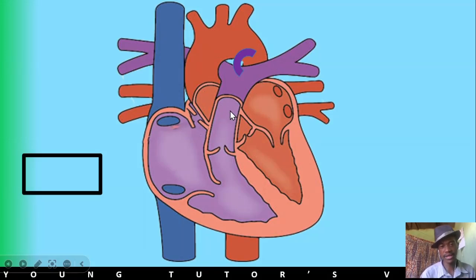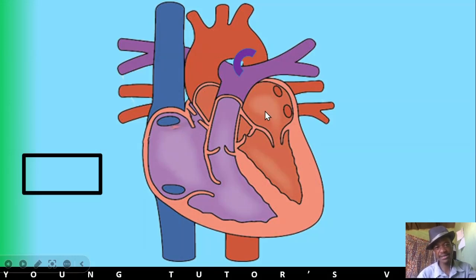pulmonary circulation. So more blood will be received now by the left atrium, because the pulmonary veins are bringing more blood from the lungs.